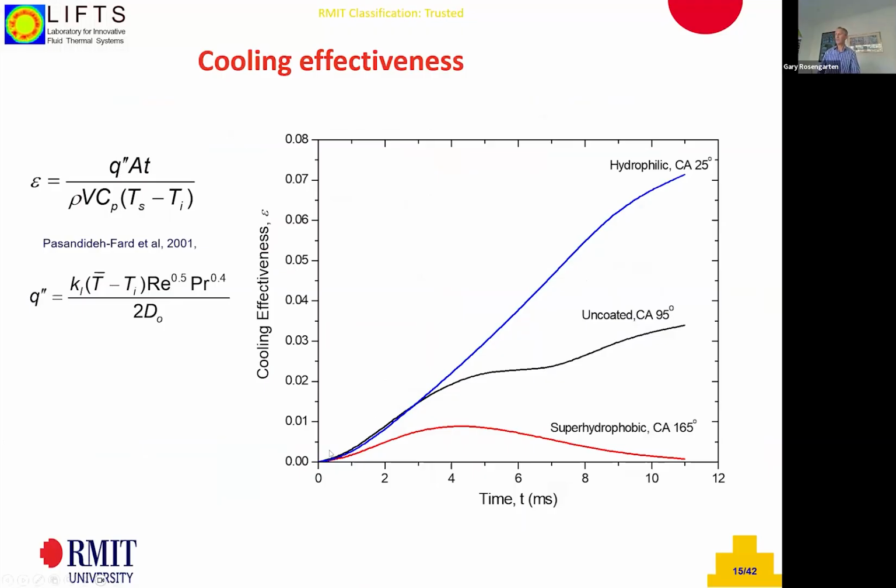But an overall idea is this showed that obviously a hydrophilic coating, you get a larger wetting area, bigger spreading diameter, and it stays on the surface, so you get a higher cooling effectiveness of just how much heat was sucked out relative to the highest possible heat transfer rate, which is all that droplet was converted to the temperature, the surface temperature from the initial temperature. So the superhydrophobic surface bounces off the surface, and therefore it doesn't have the highest heat transfer rate, and there's an air gap between there.